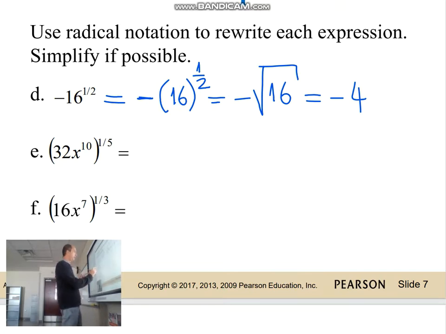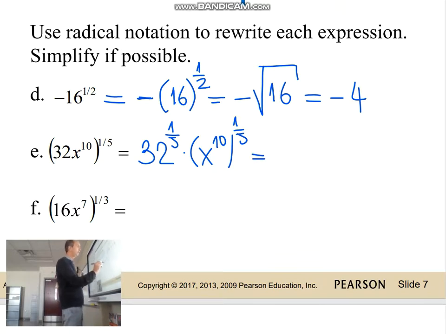Now, 32x exponent 10, all to the exponent 1 over 5. That means we can apply here properties of exponents. We're going to see it a bit later, but we can write it as 32 exponent 1 over 5 times x exponent 10 to the 1 over 5. This 32 exponent 1 over 5 is the fifth root of 32.